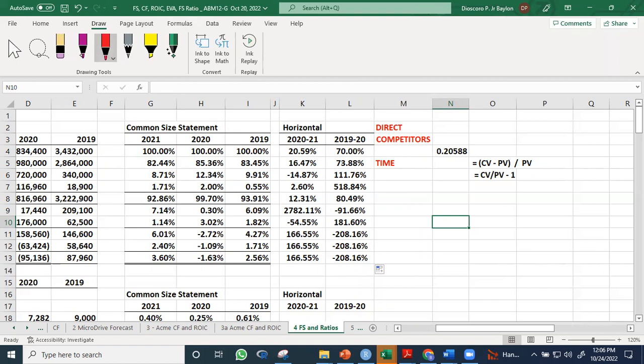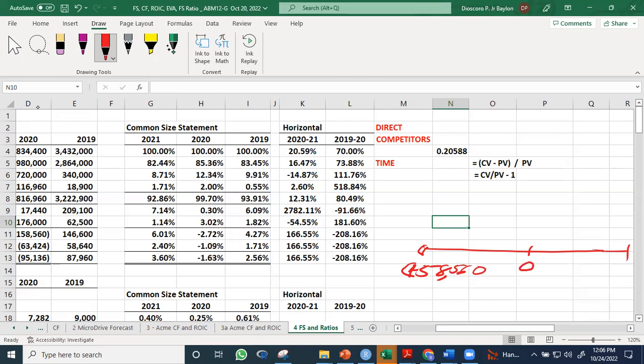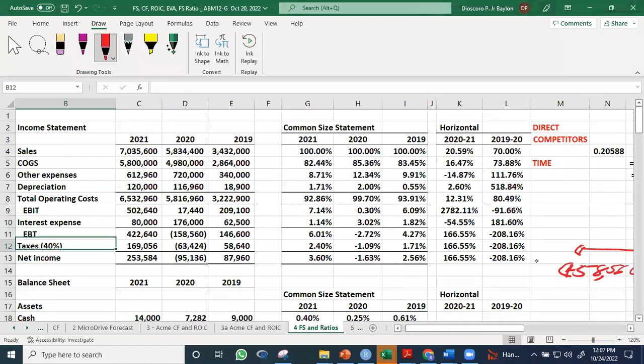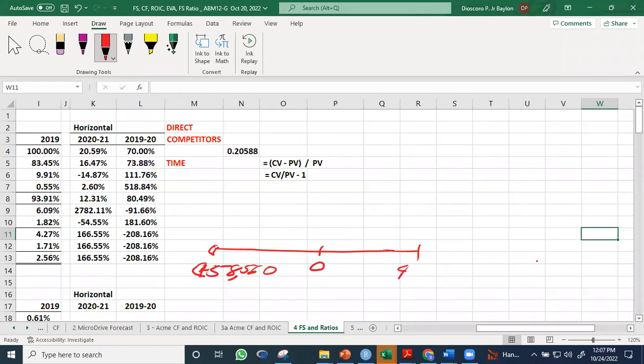Just to illustrate this. Andito ka sa negative 158,560. Tapos ito yung 0. Tapos ito yung 422,640.